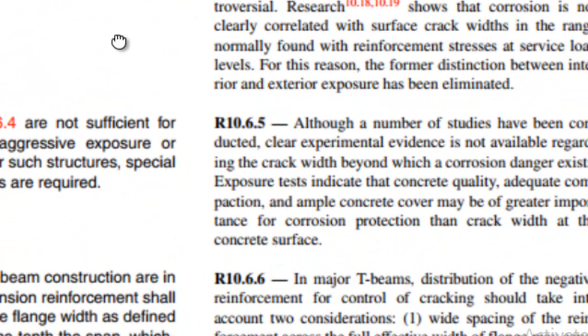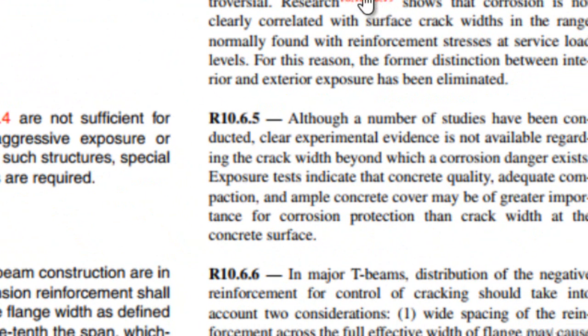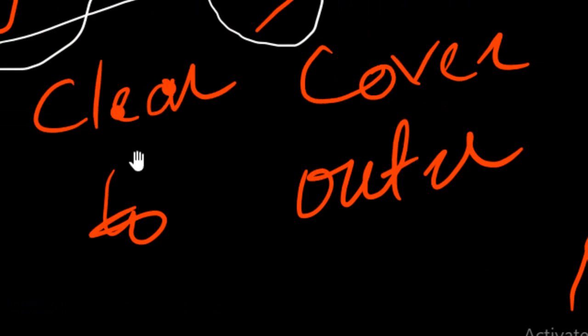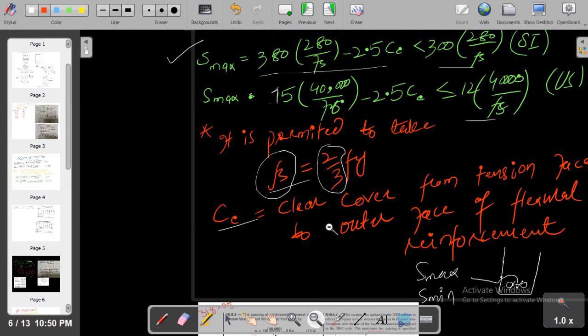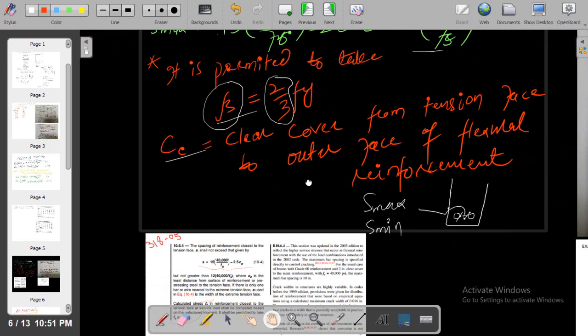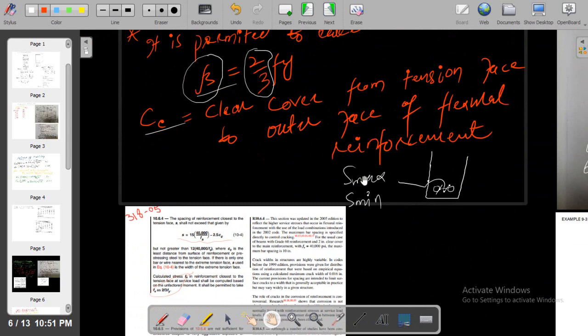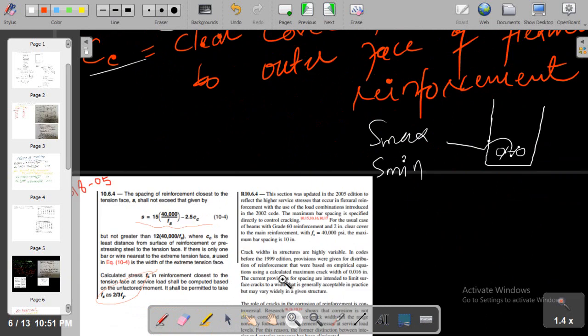Now, the rule of cracks. Remember why we are enforcing these limitations, that the spacing should not be more than this specified value. This is all to control the crack width, right?